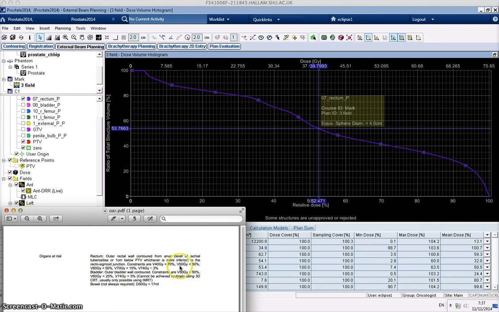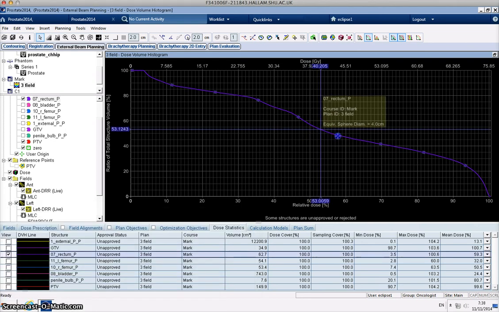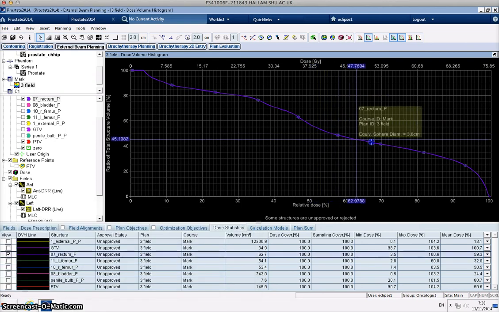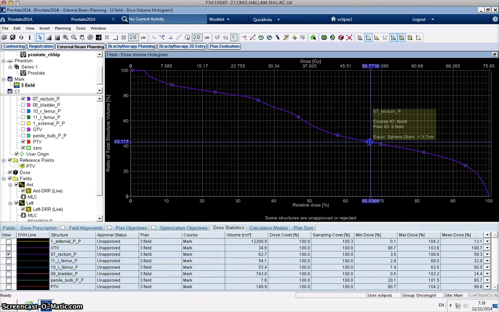Let's look at the other one just to show you again. V50 less than 60, so I'm going to get my crosshair and go down to where 50 is, about there, and we can just tweak that. You can see it goes to quite a few decimal places, so that's accurate enough for what we need.